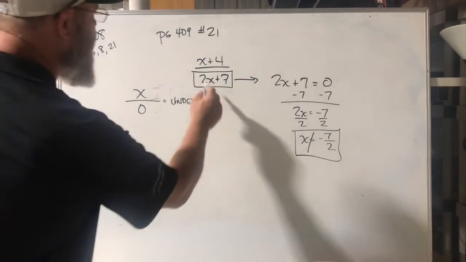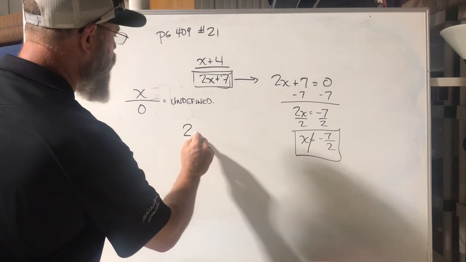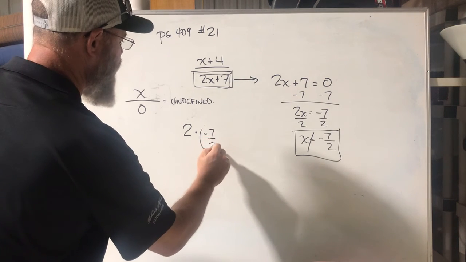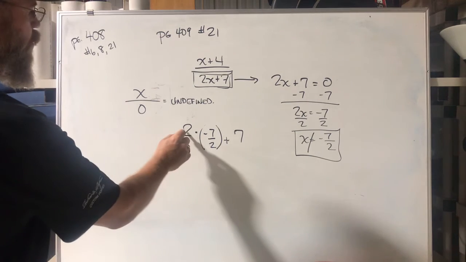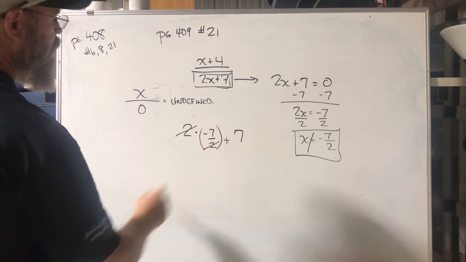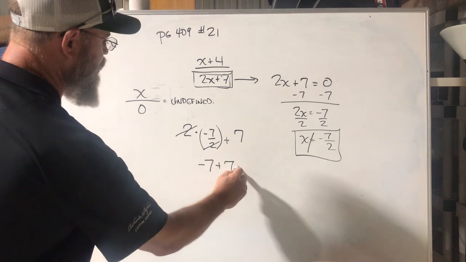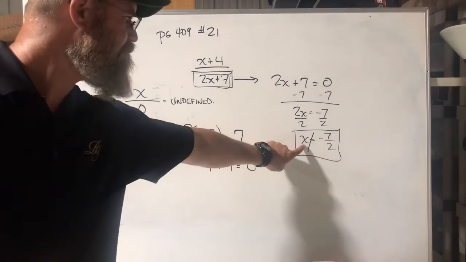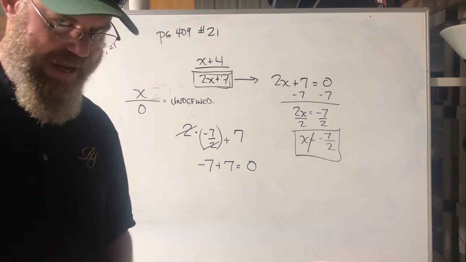Because if we put -7/2 into this, I've got 2 times -7/2 plus 7. When I multiply 2 times -7/2, those cancel, and that leaves me with -7 plus 7, which equals 0. And that can't be, right? So that's your answer. x cannot equal -7/2.